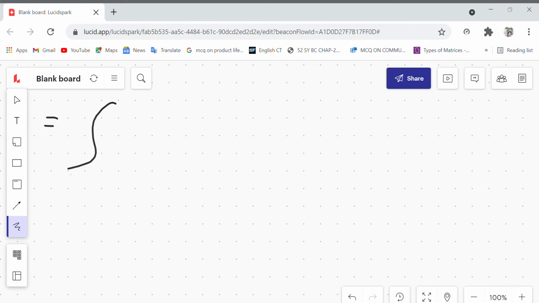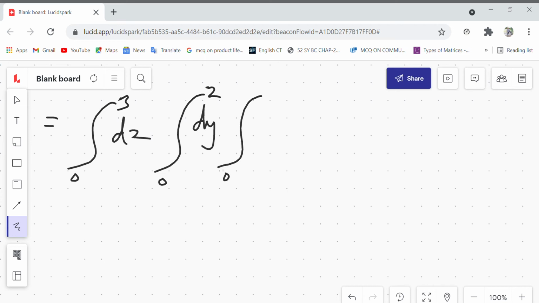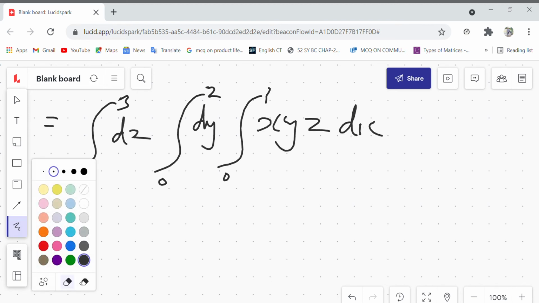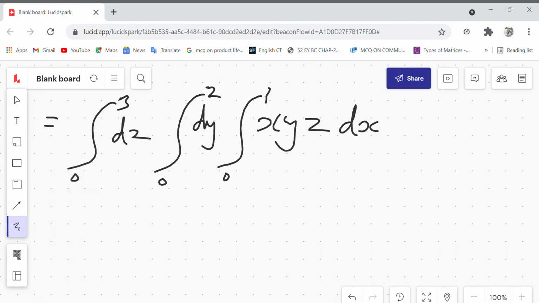First is 0 to 3 dz, 0 to 2 dy, then 0 to 1 xyz dx. Sorry, let me use the eraser. This is dx. So now we have to solve this one first.